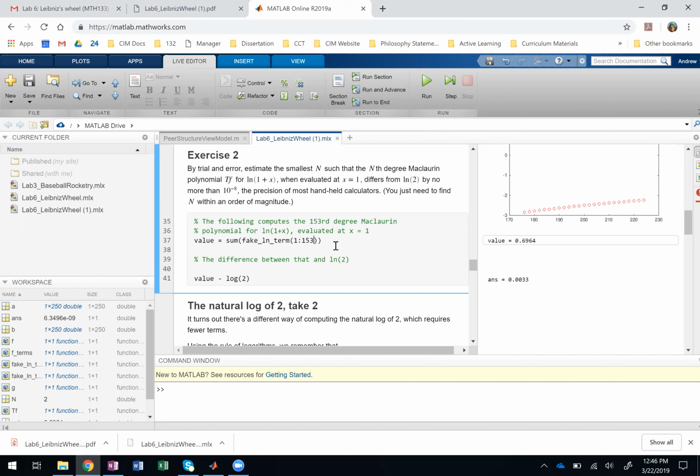But we wanted that to be less than or equal to 10 to the negative 8th. So we should probably make this bigger so the error is smaller, right? So I don't know, let's try something like 200, see how much it goes down by, right? So we run that section.